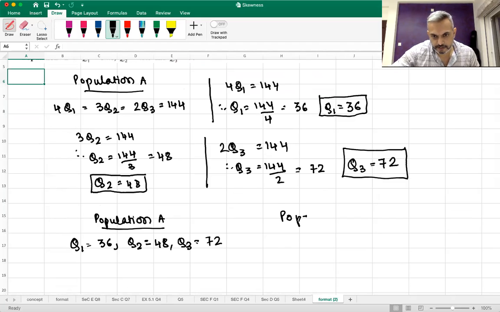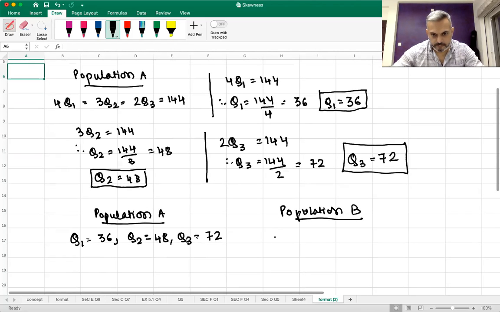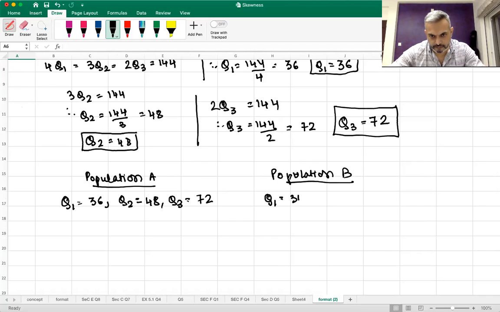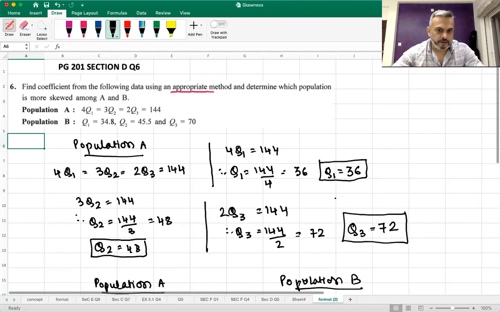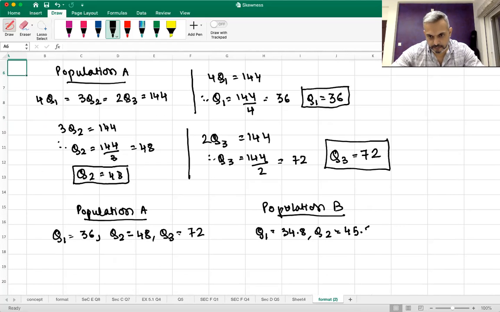Population B, Q1 is equal to 34.8, Q2 is equal to 45.5, and Q3 is equal to 70.